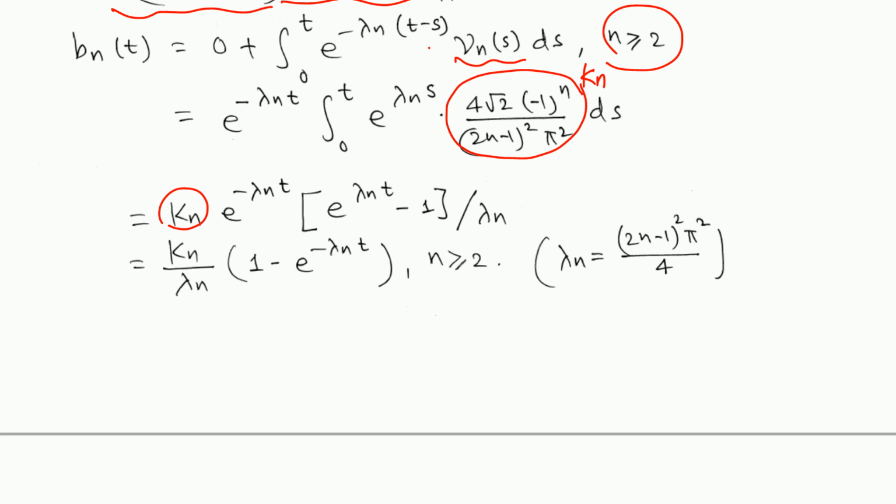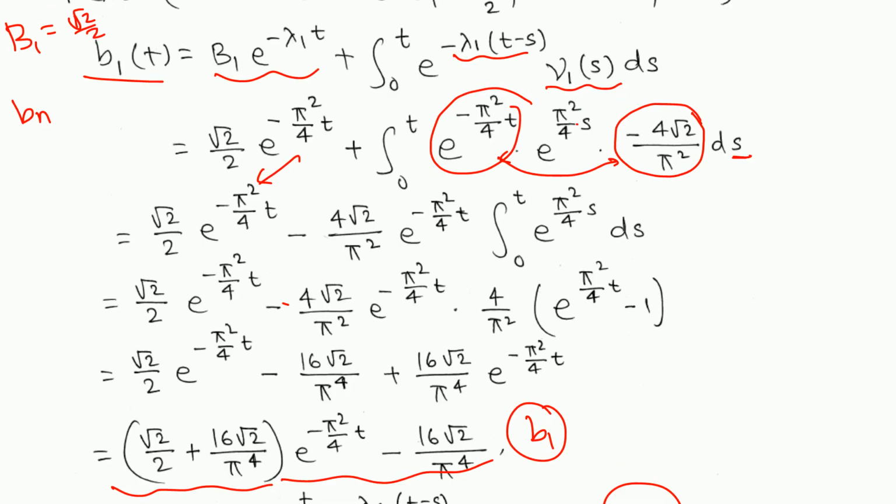Integrate this and evaluate it, upper limit lower limit, we get this. Now we can simplify by multiplying inside. So these are bn's for n bigger than or equal to 2. Remember those lambda n eigenvalues are (2n minus 1) squared pi squared over 4. So this is how we got all bn's.